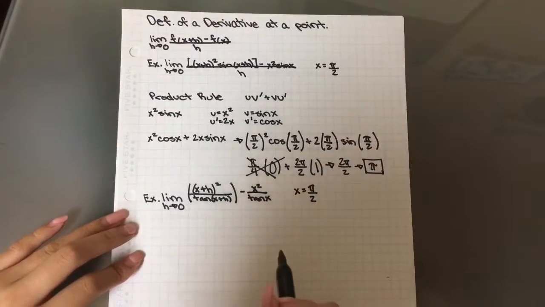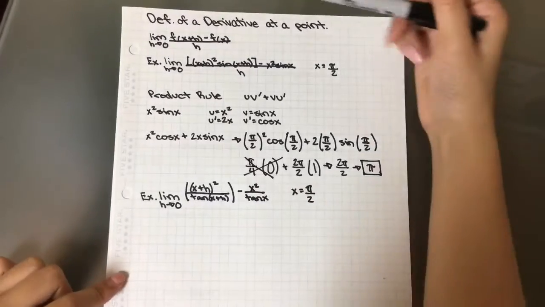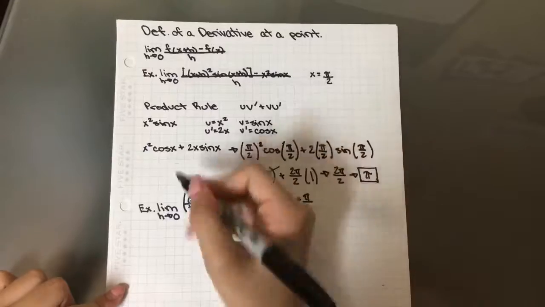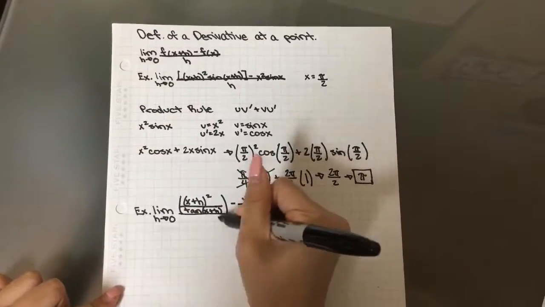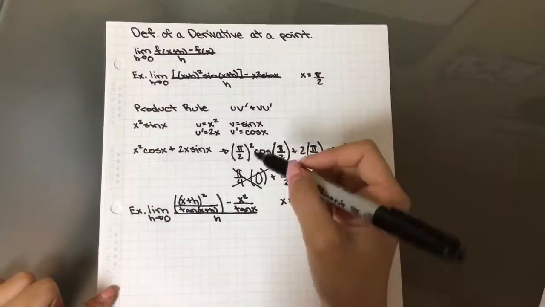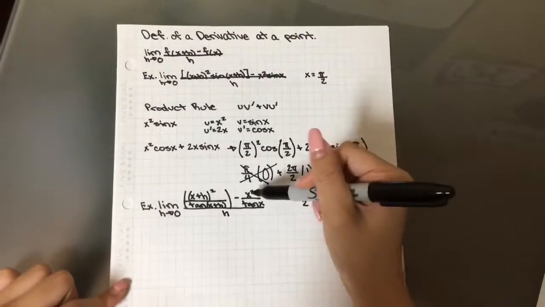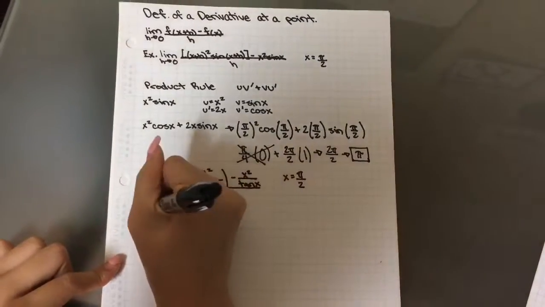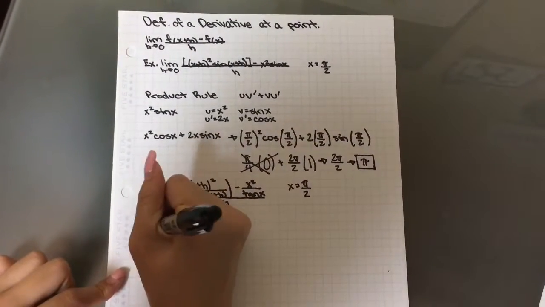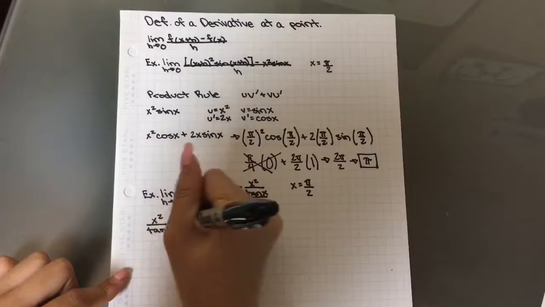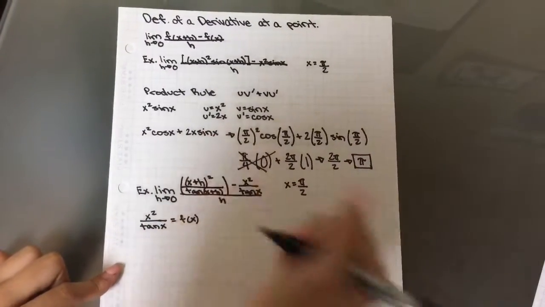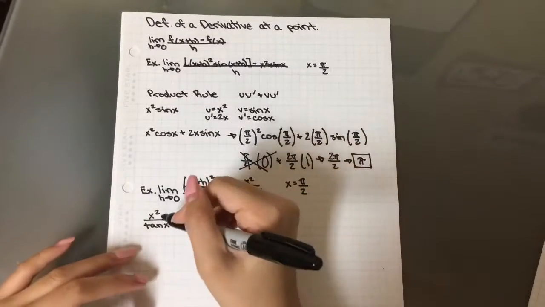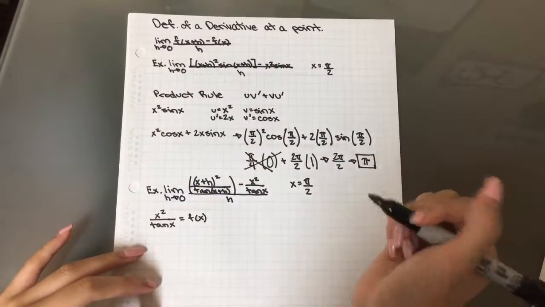According to the formula, the function f of x will become x squared over tangent of x. So you are looking for the derivative of x squared over tangent of x.